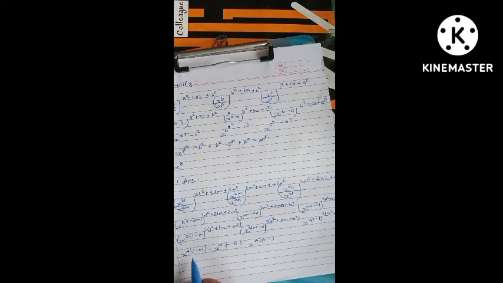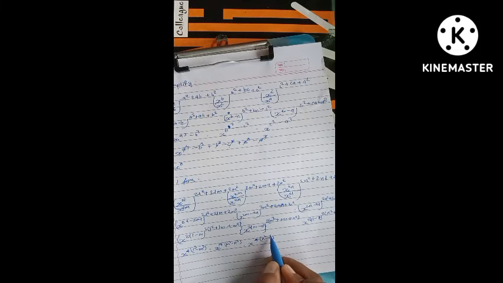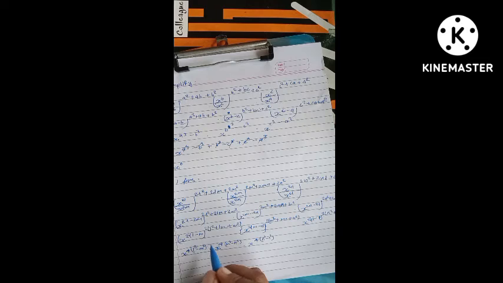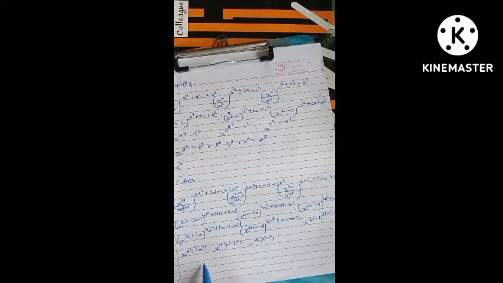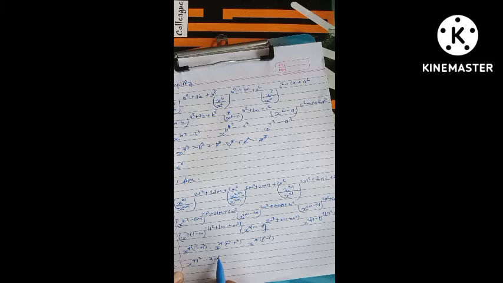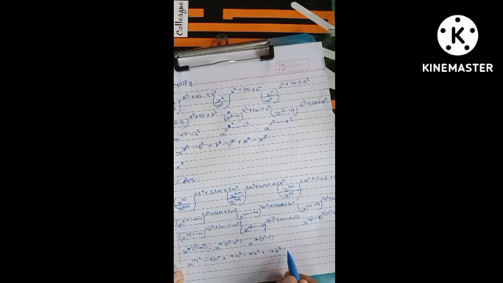Here we can easily write l cube minus m cube, m cube minus n cube, and n cube minus l cube, using the formula for the difference of cubes. Then we can write x to the power 4l cube minus 4m cube plus 4m cube minus 4n cube plus 4n cube minus 4l cube, so it will cancel each other.